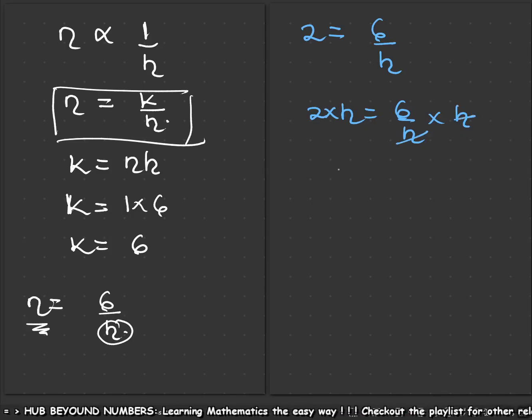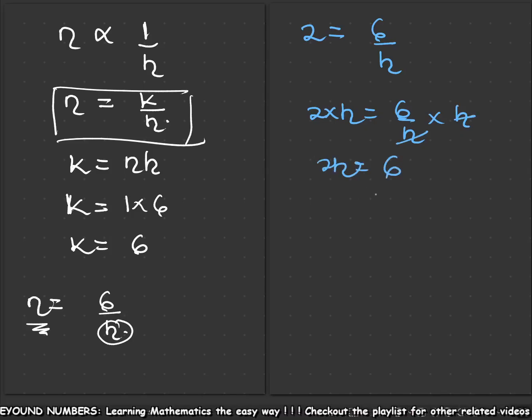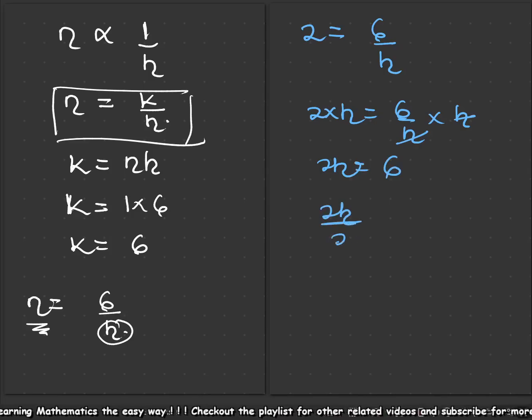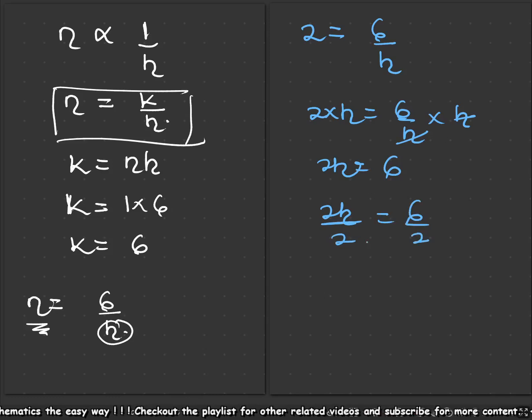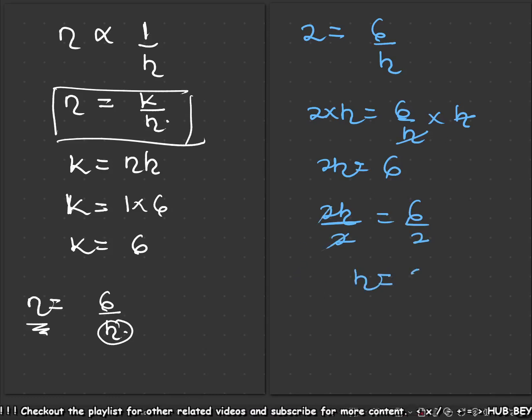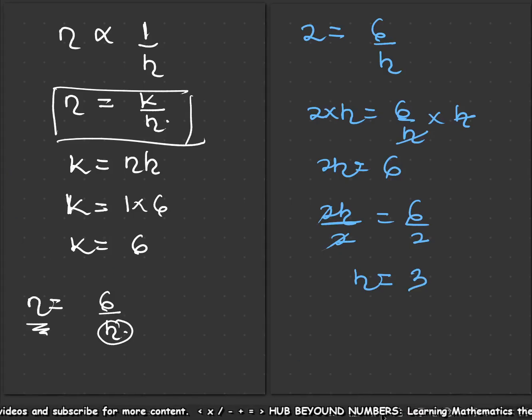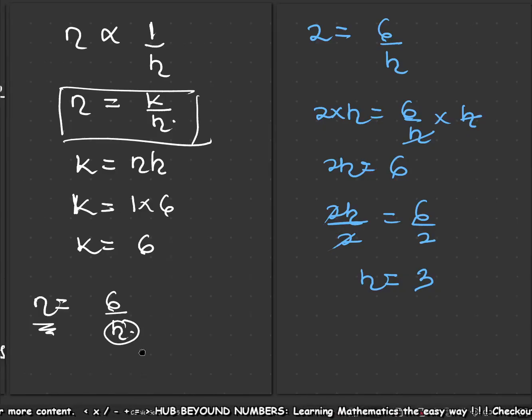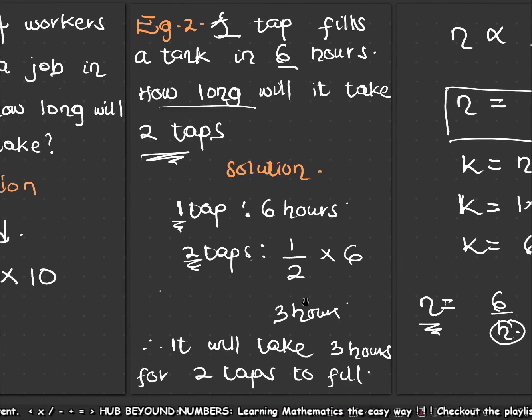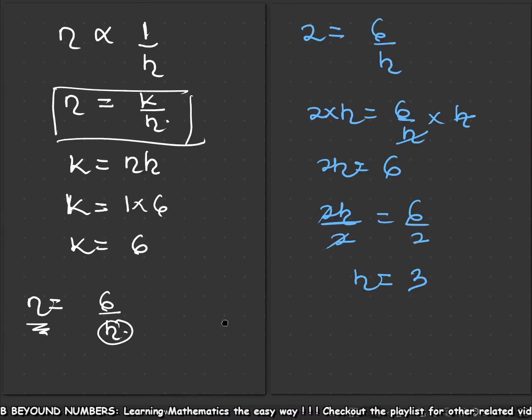This here cancels this. We have 2h is equal to 6. Making our h the subject, you are going to divide both sides by 2. And we say our h is equal to 3. And as you can see, that is no different from the answer we got when we used the other method. You see, 3 hours. So that is that for inverse proportion.